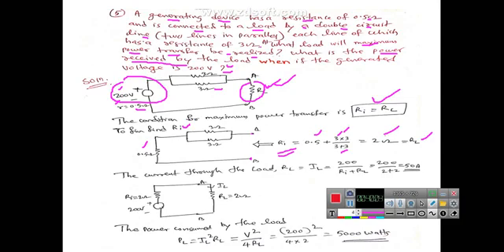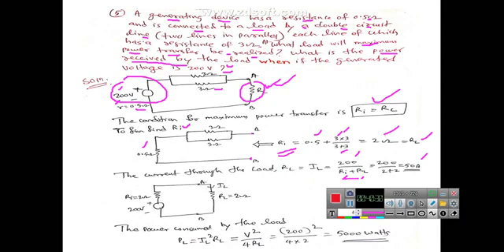So the current through the load, IL, is equal to 200 divided by Ri plus RL. Ri is the internal resistance of the circuit and RL is the load resistor. So if you find the current, that becomes 50 ampere.